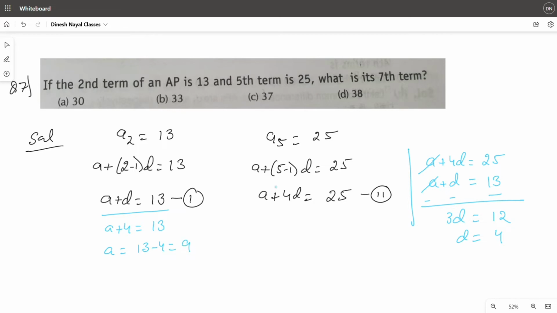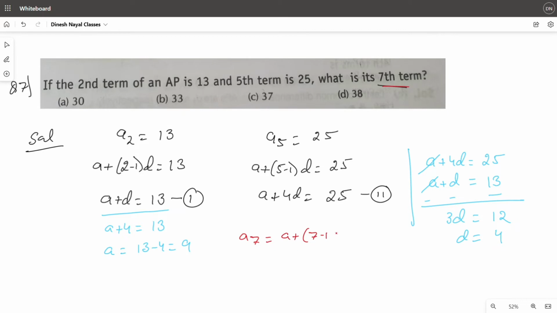Now we have our first term A and the common difference D. Now what we have to do is find the seventh term. How to get the seventh term? Applying the general formula A plus n minus 1 into D. Let me write it with the red pen. A7 will be A plus n minus 1 into D, where n is 7.